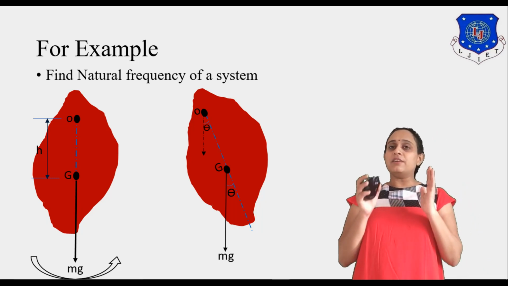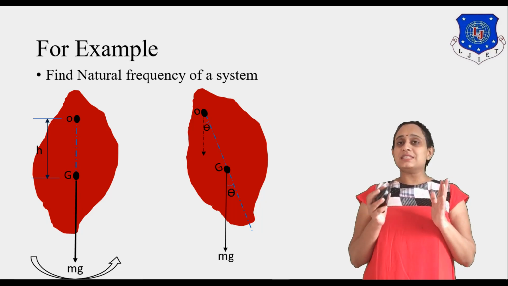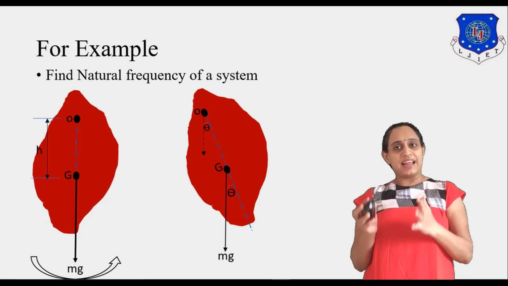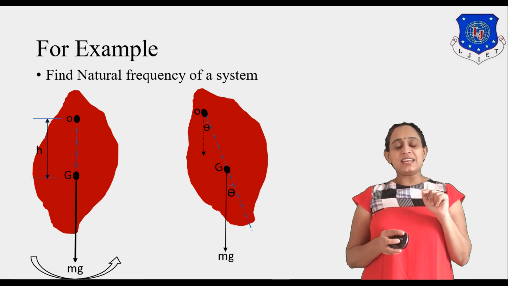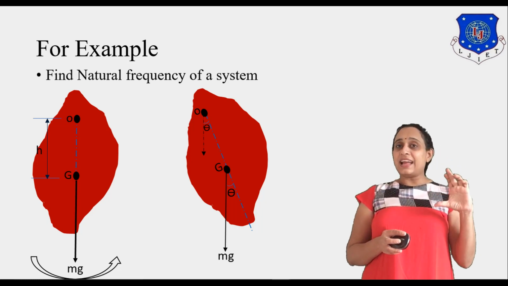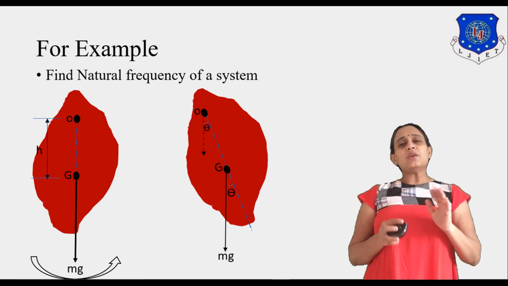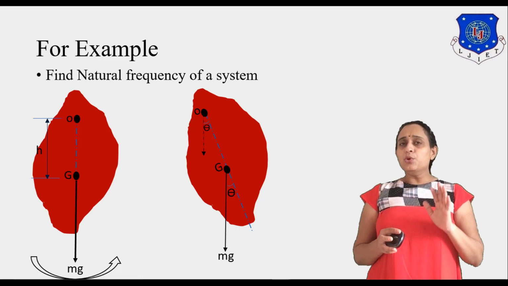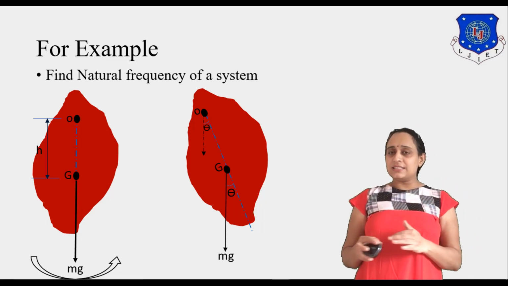In short, we have a rigid body of weight mg, where m is the mass and g is the gravitational acceleration, O is the oscillating point, G is the center of gravity, and h is the height from O to G. Now let us assume it will move in this direction.